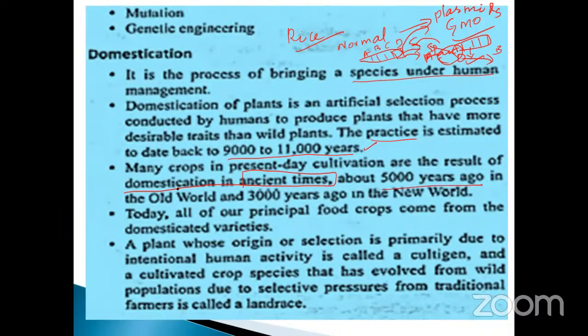Nowadays, we are using so many crops, isn't it? These crops were also practiced for how many years? 5,000 years ago in the old world and 3,000 years ago in the new world. Okay, 3,000 years. This is very, very important. Today, all of our principal food crops come from the domesticated varieties.